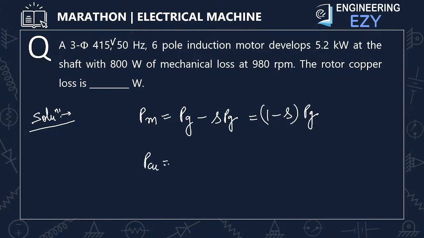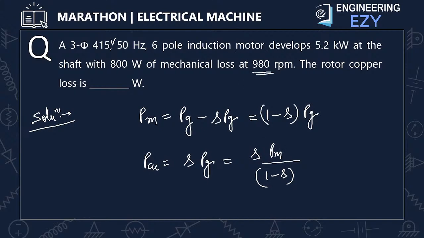Rotor copper loss is equal to S times PG, and PG can be written as PM upon (1 minus S). So rotor copper loss is S PM upon (1 minus S).